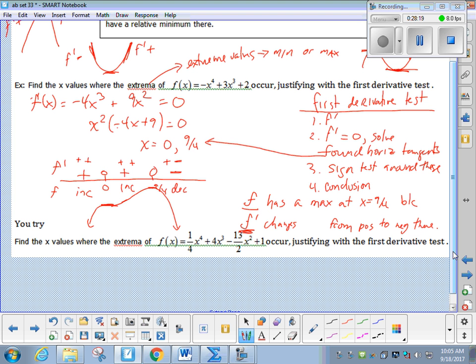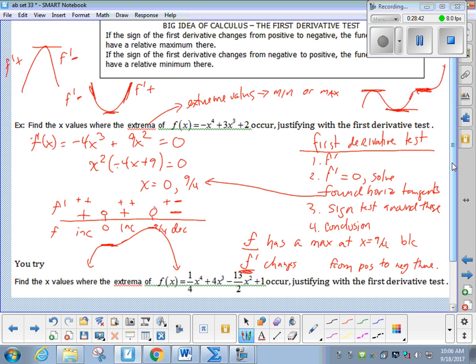You with me? Last possible place you will go your own way, go rogue on me. I notice I didn't say F has a max at 9/4 because F goes from increasing to decreasing. Is that true? It is absolutely true. Super true. And yet, nowhere in any calculus textbook will you ever see the F changing from increasing to decreasing test.